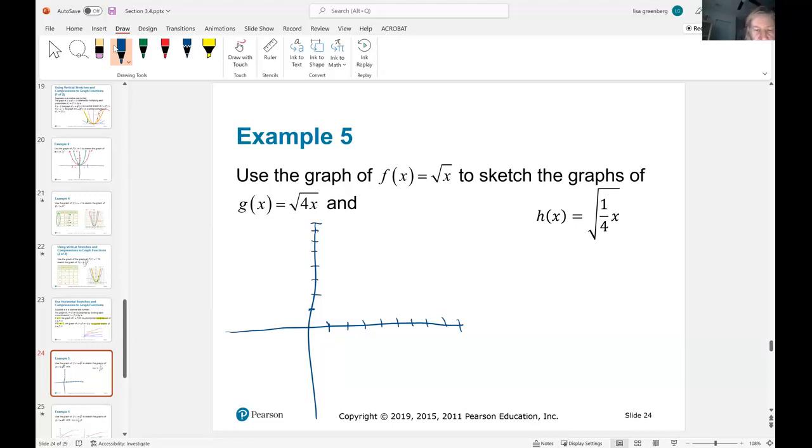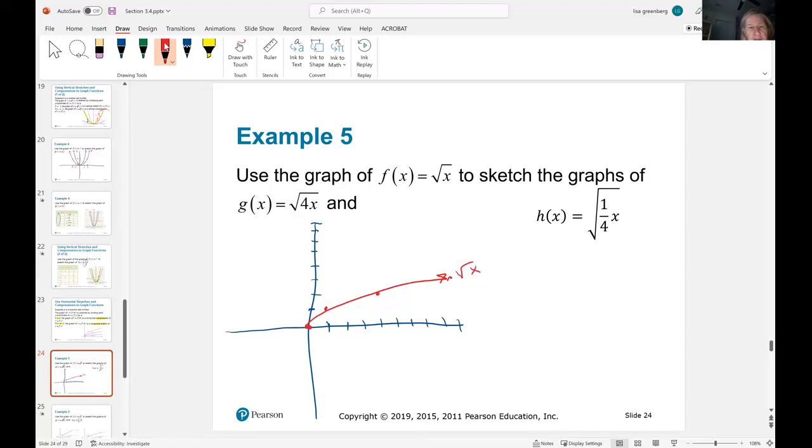I don't think I need to go that high. So I have the original function, which is just square root of x. When x is 1, it's 1. At 4, it's 2. At 9, it's going to be 3. So here is my square root of x.